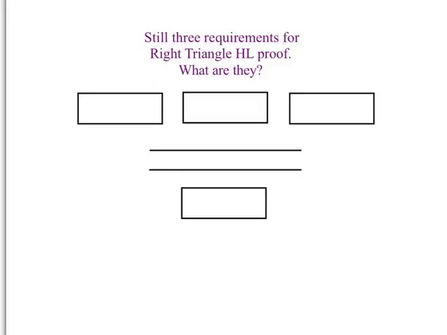So we still have three requirements for an HL proof, even though we only have H and L. The first requirement: we need to establish that the hypotenuses are congruent. Secondly, establish that both of the corresponding legs are congruent.